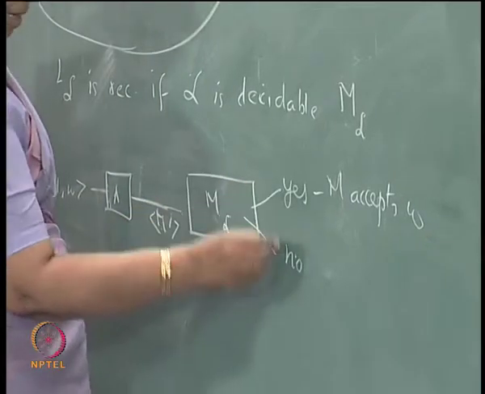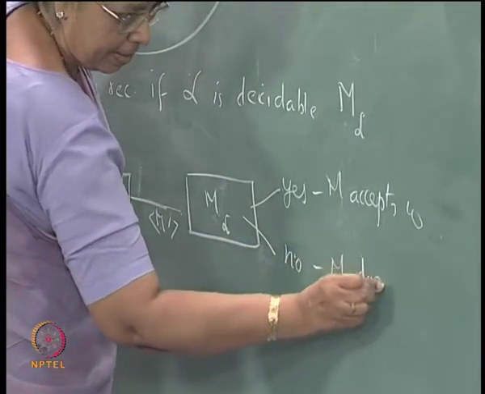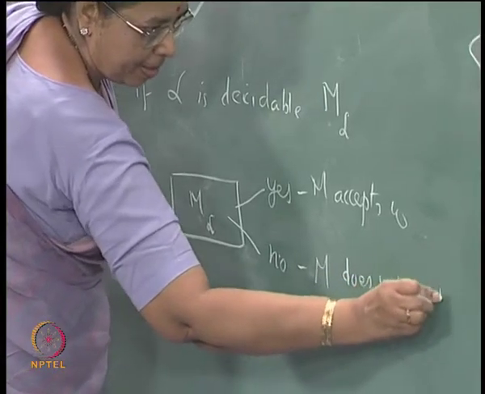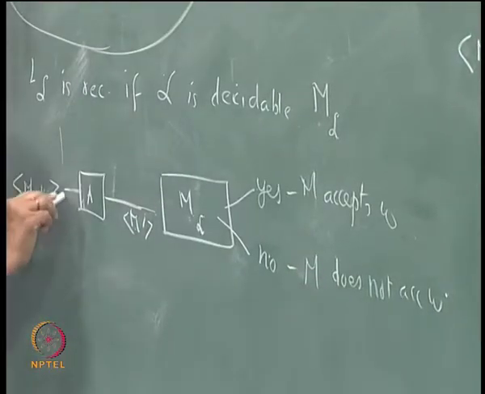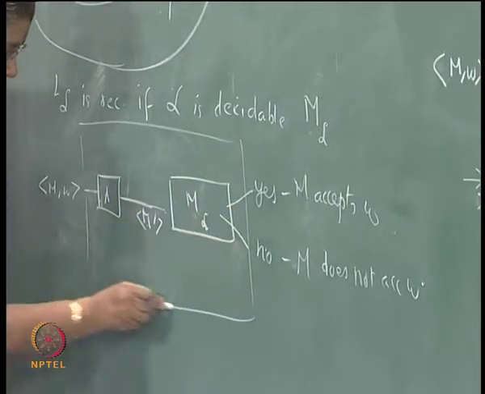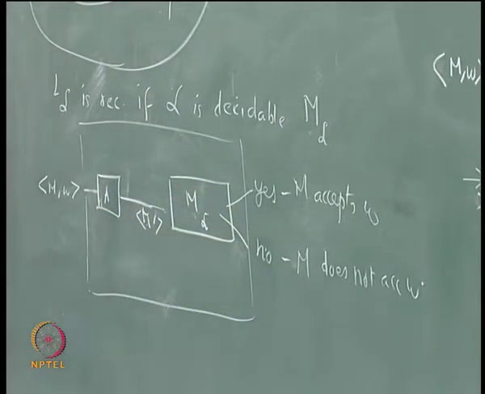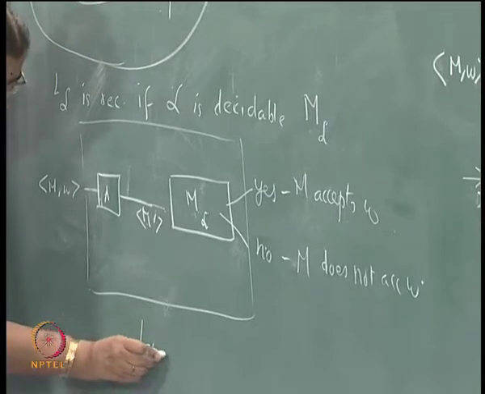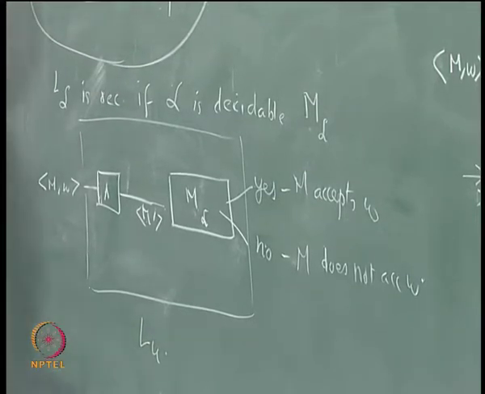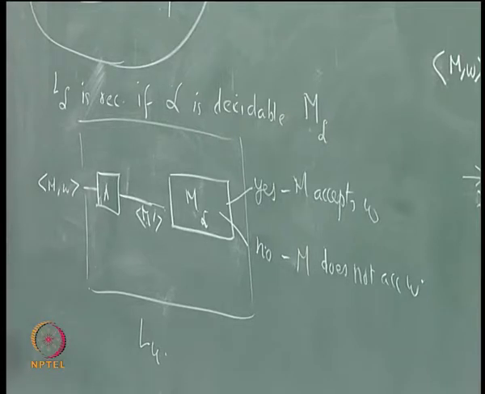So, it will say yes or no, M does not accept W. That means you are having an algorithm for LU, or you are saying that the problem whether M accepts W is decidable. This is an algorithm for LU, or a Turing machine which halts on all inputs, right, which is a contradiction.